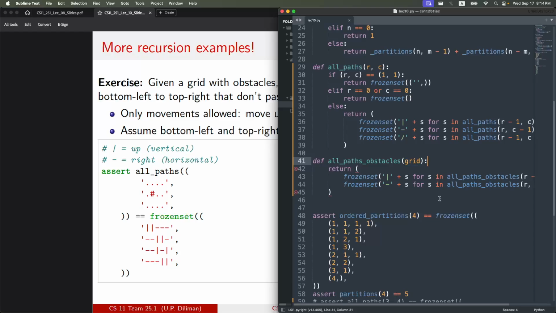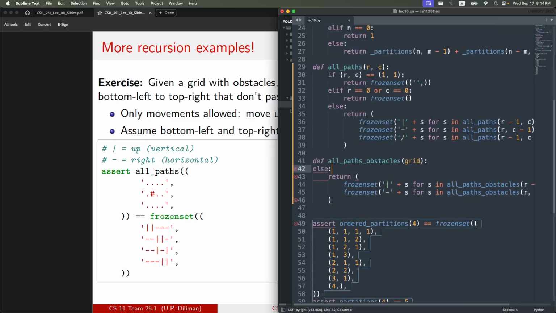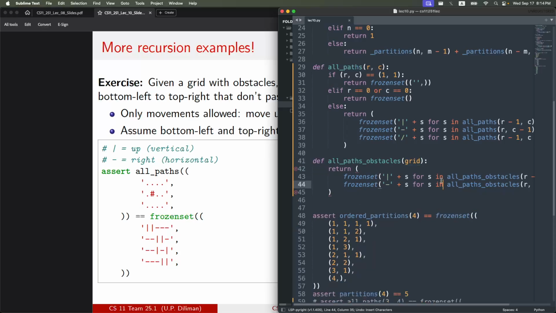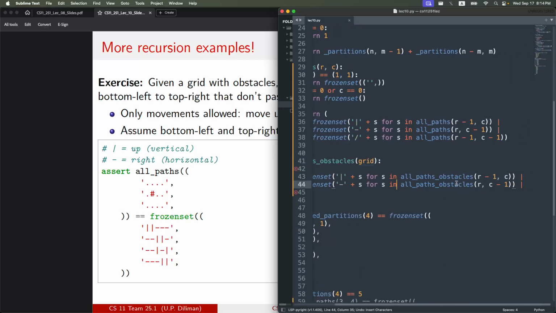But this would be... sorry, no, that's wrong. This would not be R-1C.